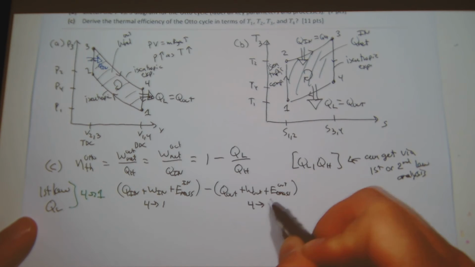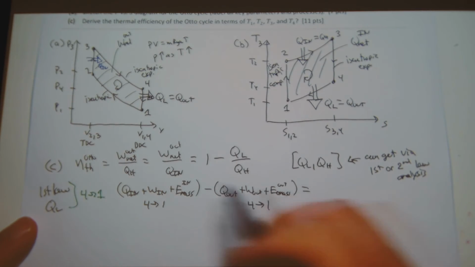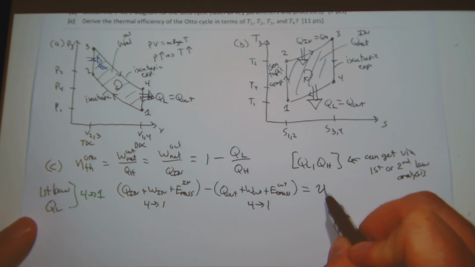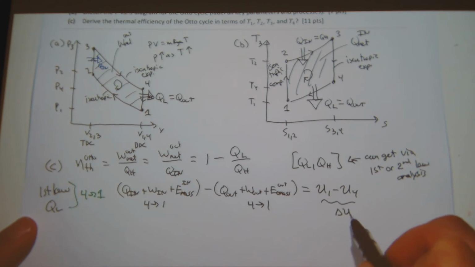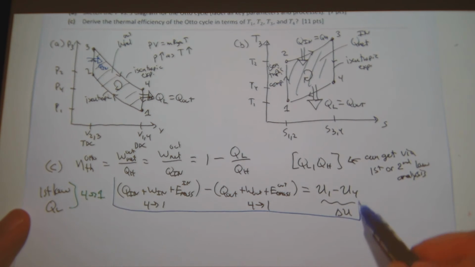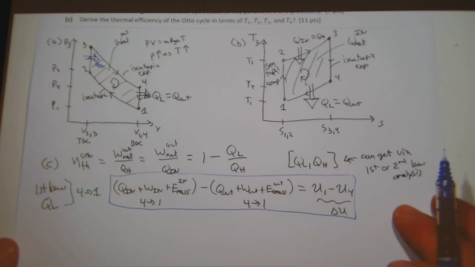Again, that's this process, 4 to 1, equals the change in internal energy from state 4 to state 1, which is U1 minus U4. So all I did here is wrote out the full energy balance from two thermodynamic states. And so let's simplify it.